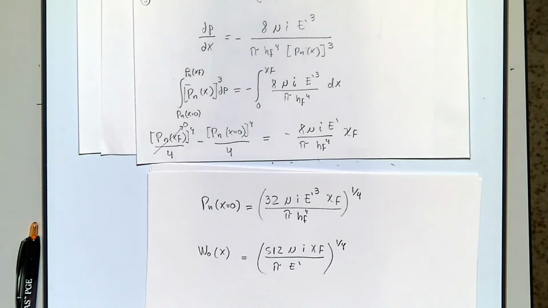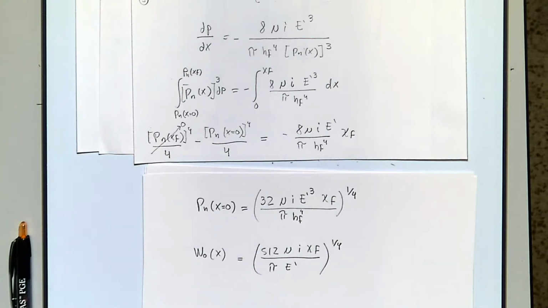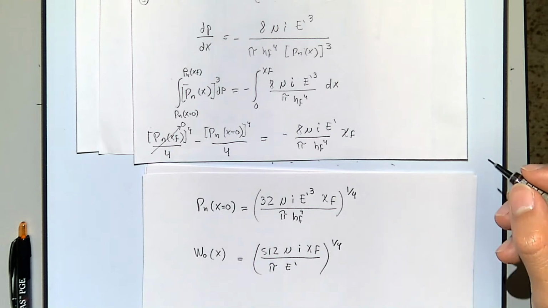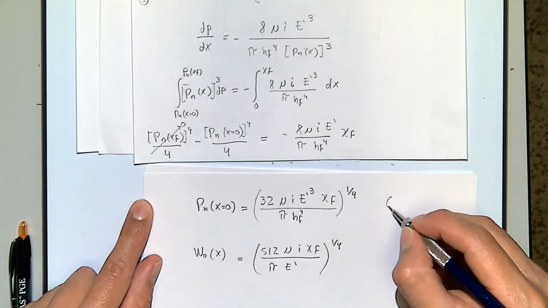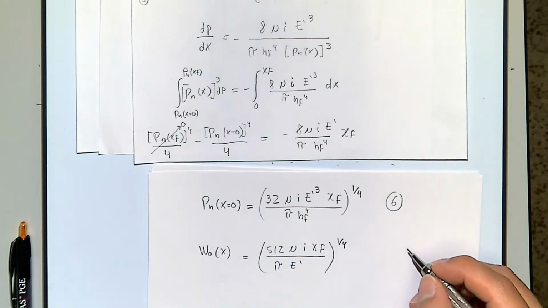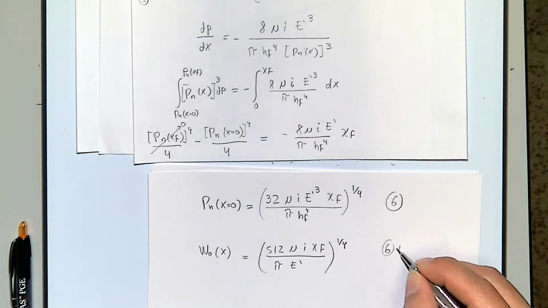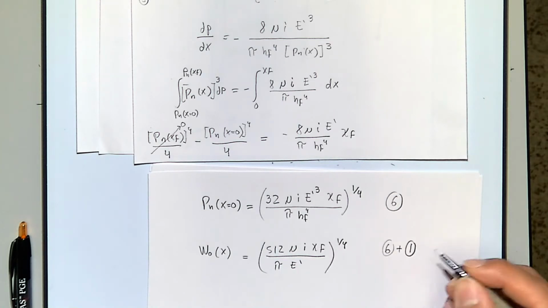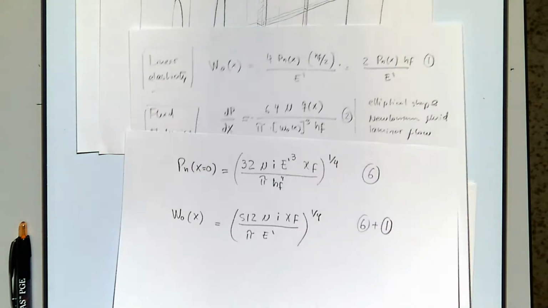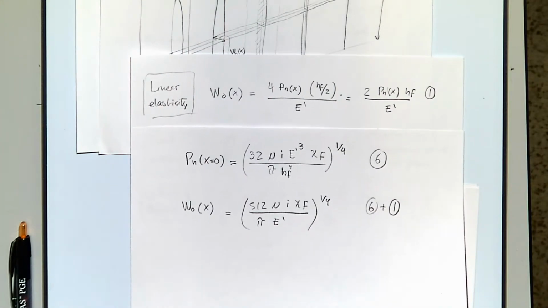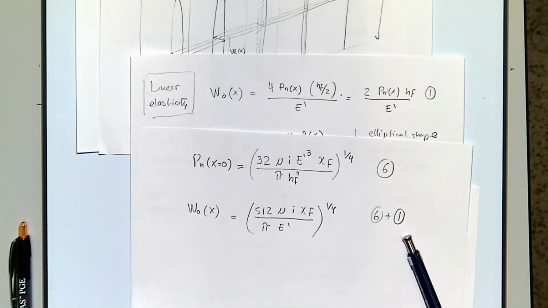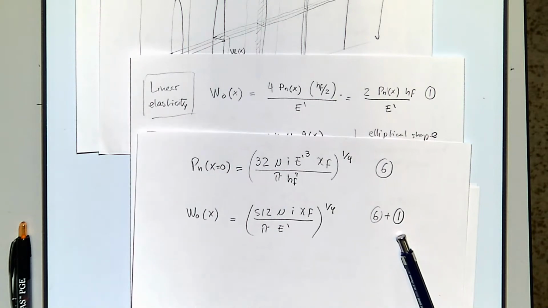So this one comes from, we said this one was 5, so this one is equation 6, plus equation number 1, where 1 was that one. So that would actually be specifically W naught, x equals 0.